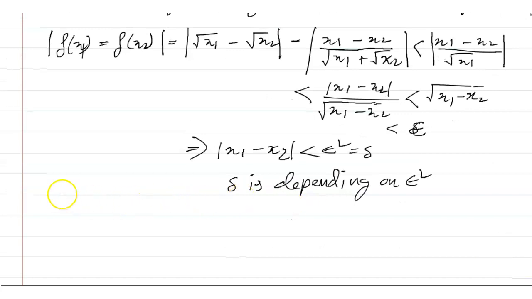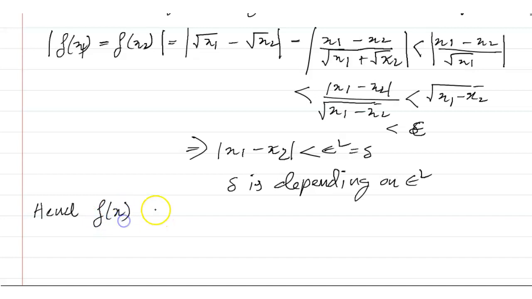So hence the function f(x) is uniformly continuous.